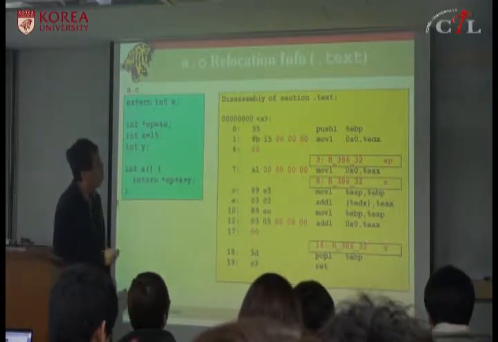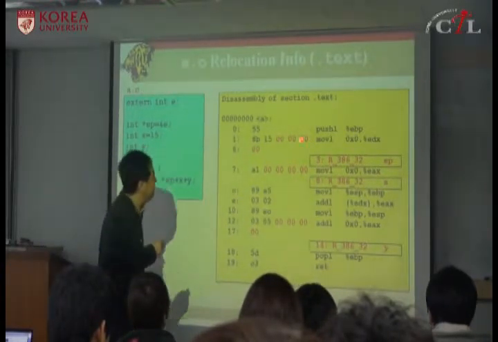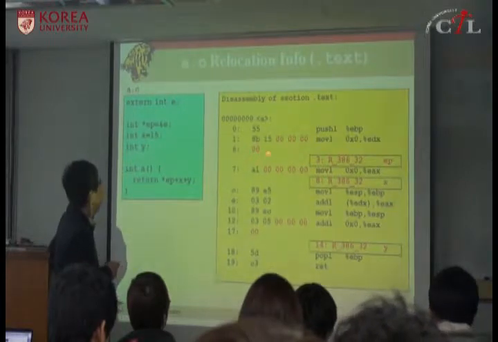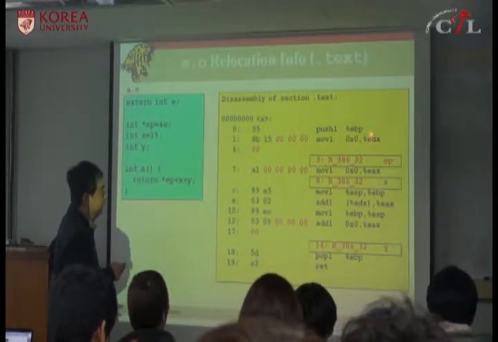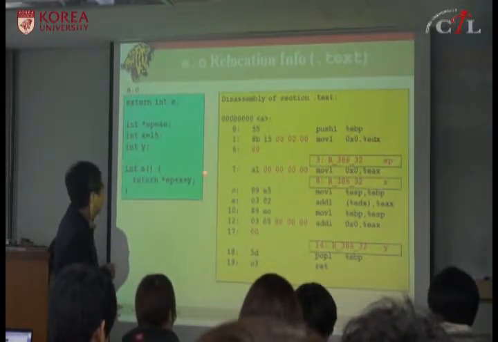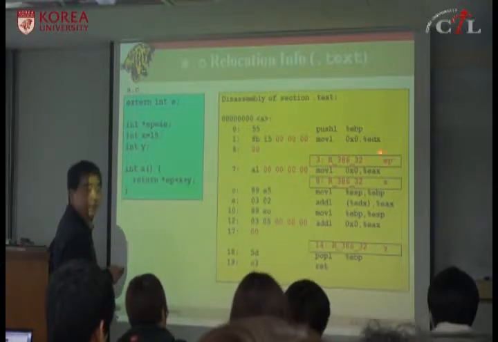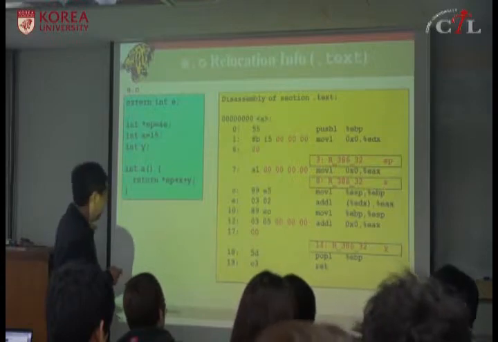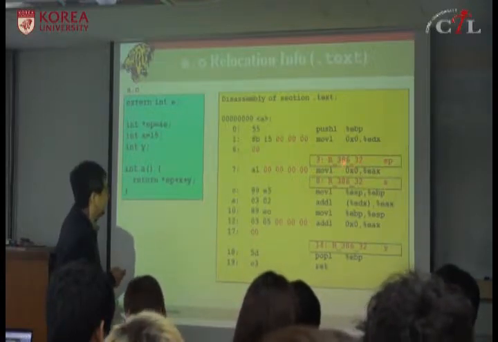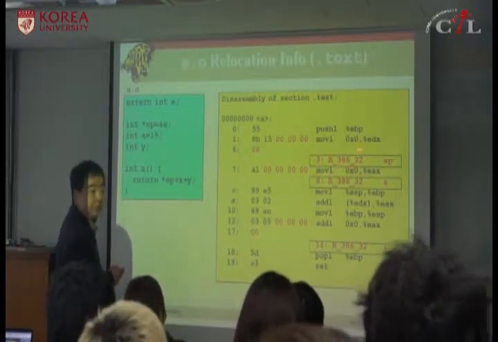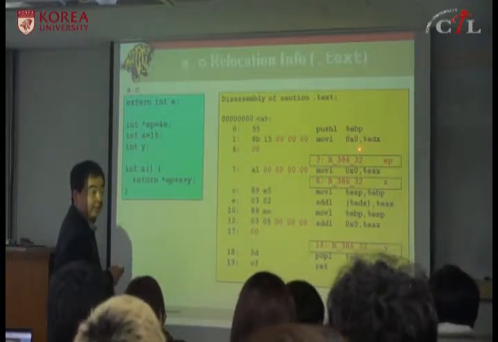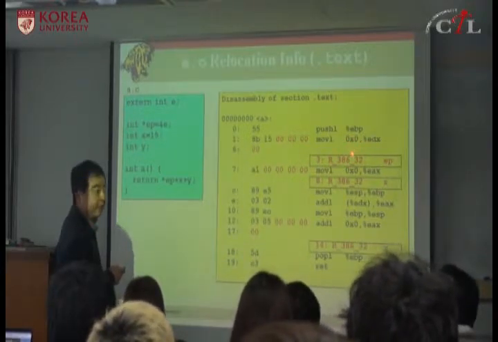Okay? So it's trying to load from a memory address into this EDX register. And this address is unknown. This address should be the address of EP, which is unknown, and they are using an absolute address instead of PC relative addressing. Okay?